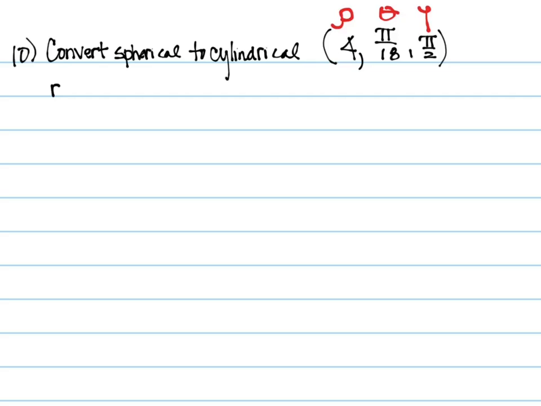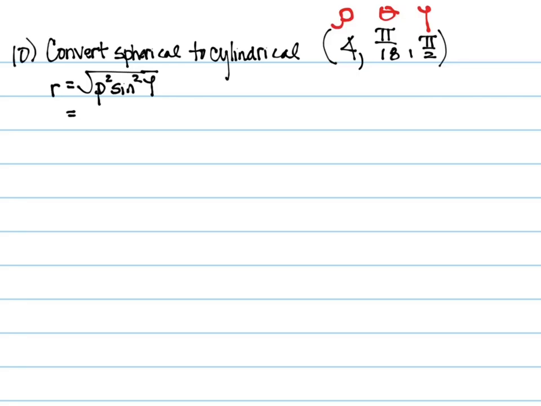What was our equation that dealt with finding r? R equals the square root of rho squared sine squared of phi. As we mentioned before, squares and square roots are going to cancel out nicely as long as the sine value is positive anyway.